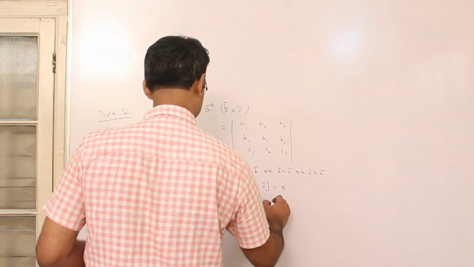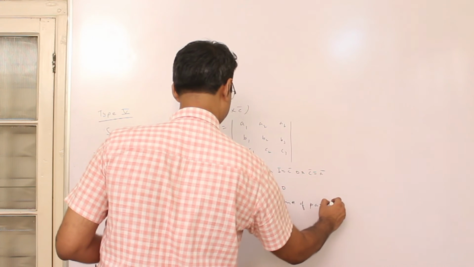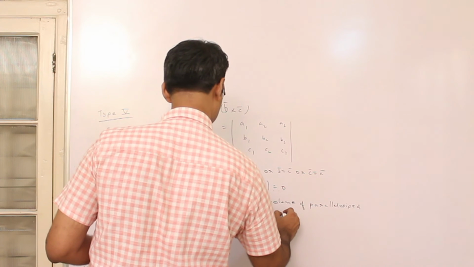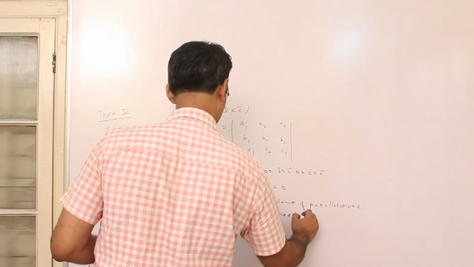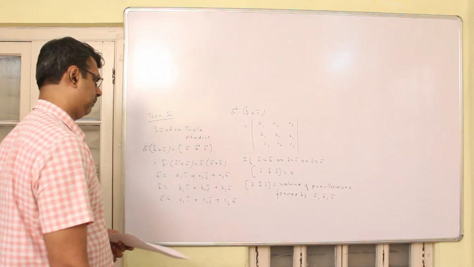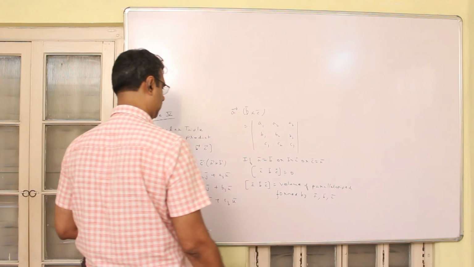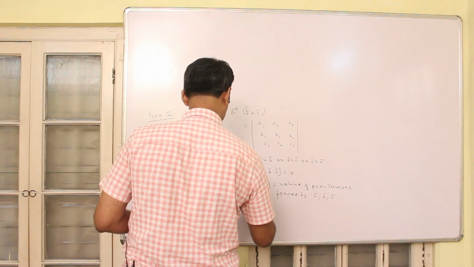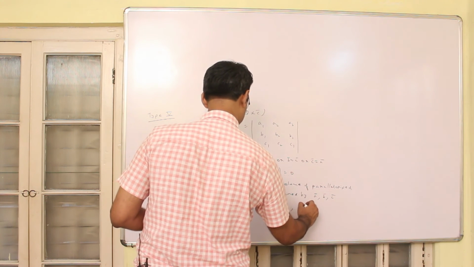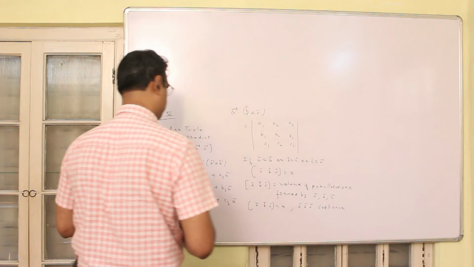Scalar triple product gives volume of parallelepiped formed by vector A, vector B and vector C. Scalar triple product of ABC gives the volume of the parallelepiped formed by vector A and vector B and vector C. Now if the scalar triple product is 0, that means vector A, vector B, vector C are coplanar.